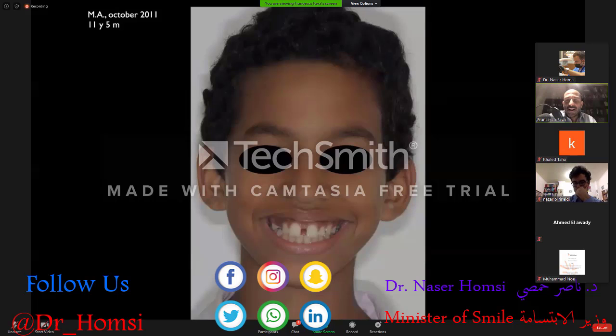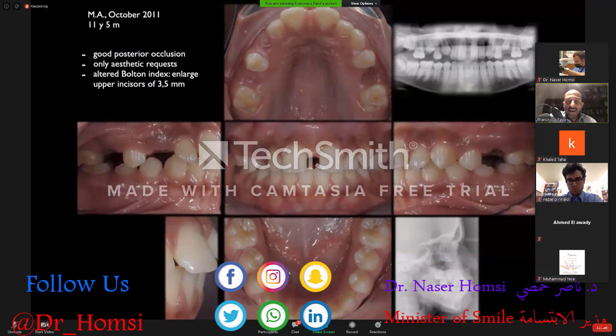He's a very nice boy, and he came to me complaining about the big diastema between his upper incisors. This is a very evident aesthetical issue. Mohamed has a good posterior occlusion, and he has limited possibility of expense, so he cannot afford very major treatments, and he has an altered Bolton index.